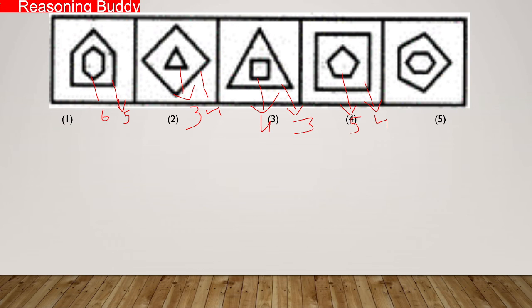In figure 5, it's a pentagon, that is 5 line segments, and the inside figure is a hexagon, 6 line segments. So figure 2 is the odd man out because the inside figure has more line segments than the outside figure in the others.